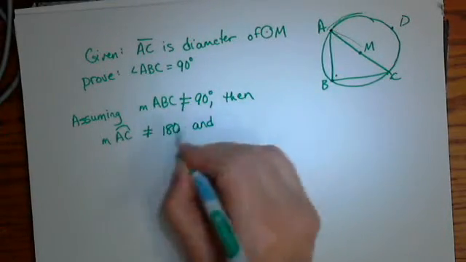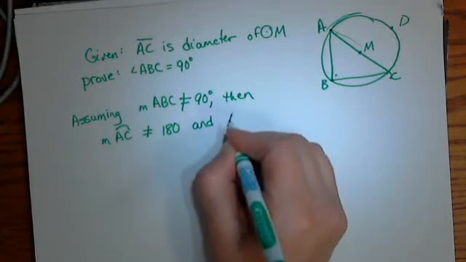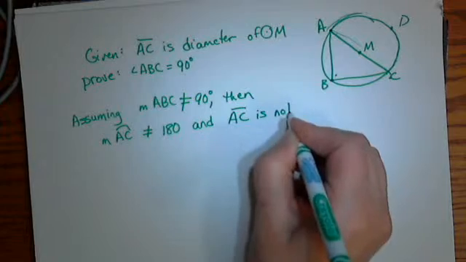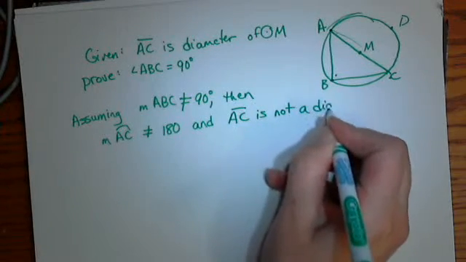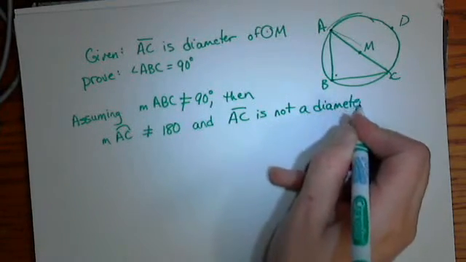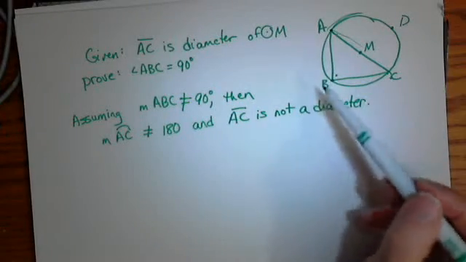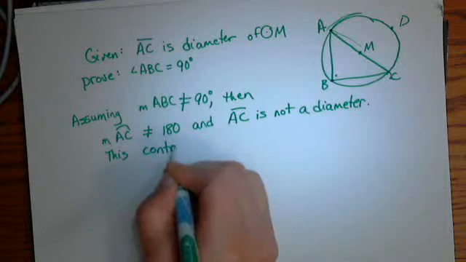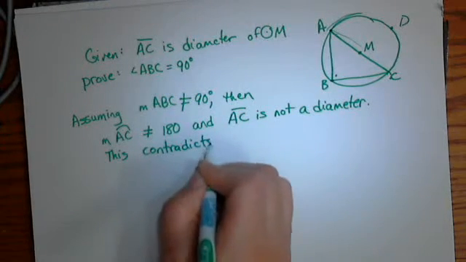So since this is not 180, then we know that AC is not a diameter. This contradicts our given info.